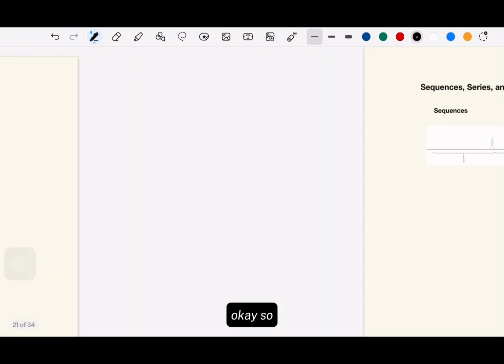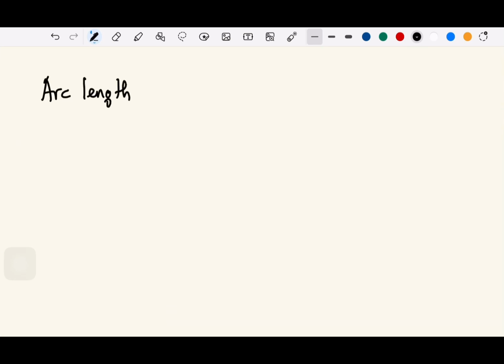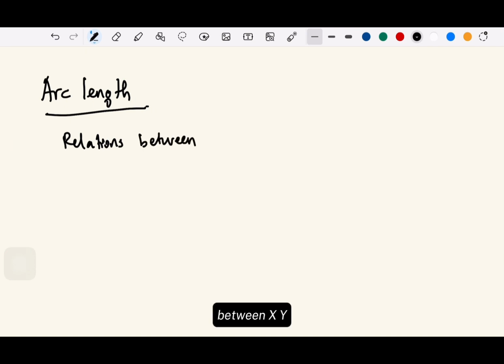Okay, so let me write here the arc length. These are relations between x, y and r, theta.